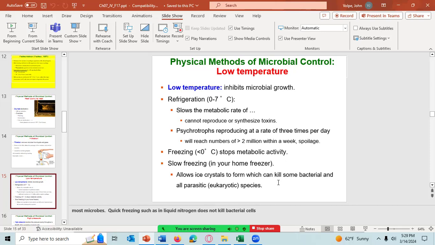And then the ice crystals kill all parasitic species. So all eukaryotes would be killed by the slow freezing. But like I said, of bacteria, about 50% of the cells will survive the slow freezing and then the thawing out. Quick freezing and liquid nitrogen does not kill bacteria cells.